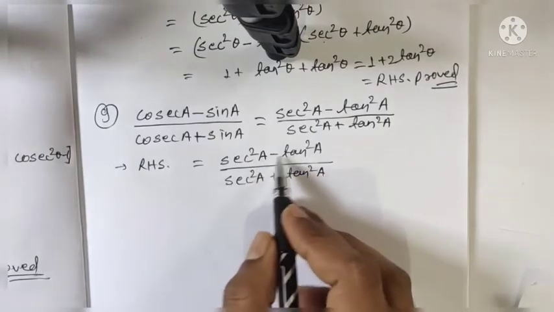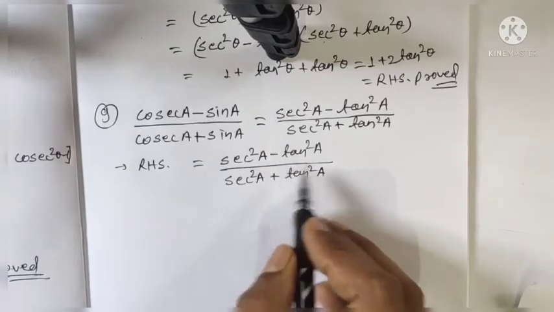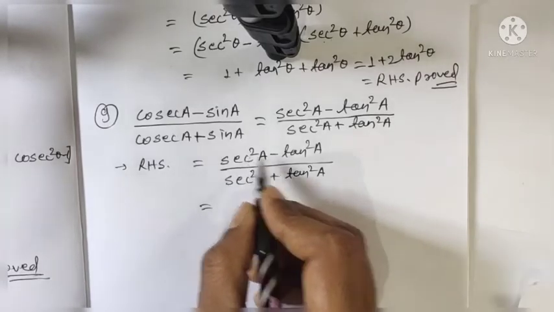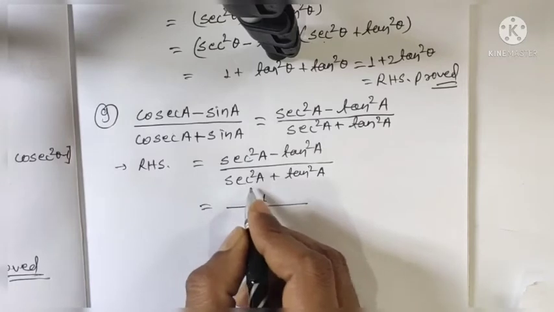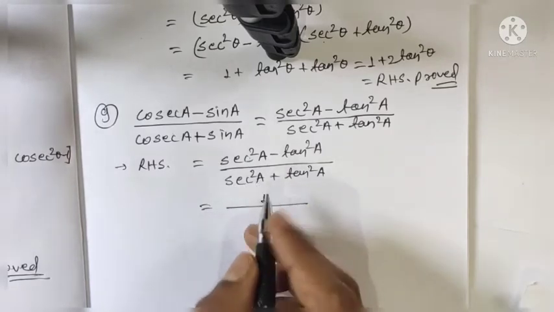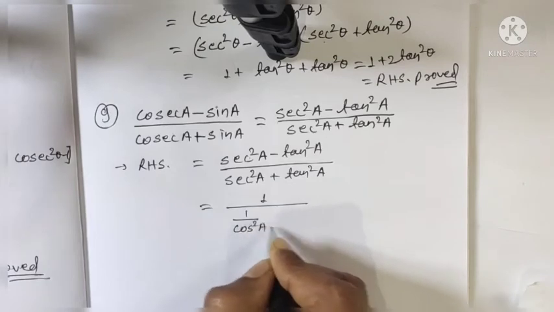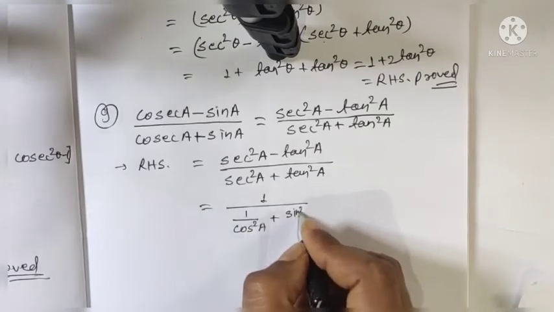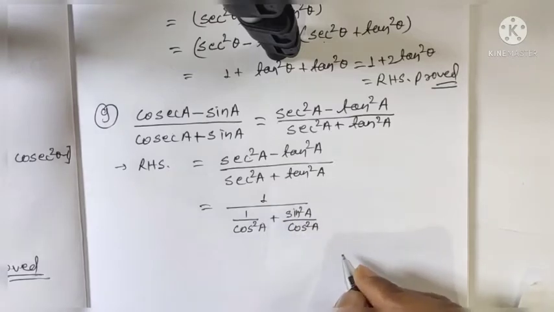Now, convert all of these in the form of sin A and cos A, and as we know that sec square A minus tan square A is equal to 1, so it will be 1 here, and sec A is equal to 1 by cos A, so it will be 1 by cos square A, and tan A is equal to sin A by cos A, so it will be sin square A by cos square A. Simple.